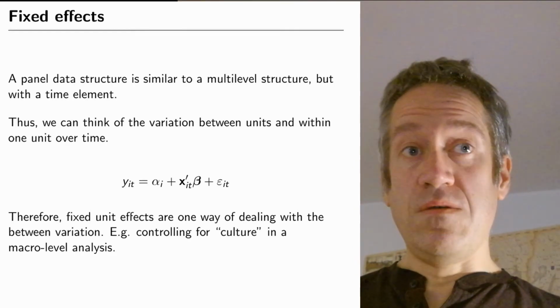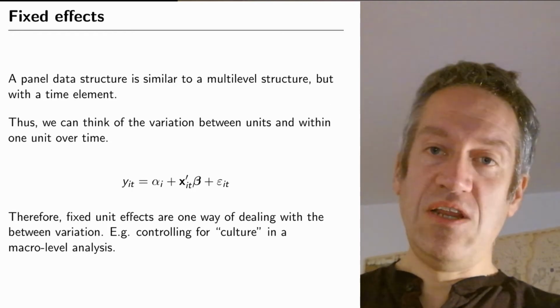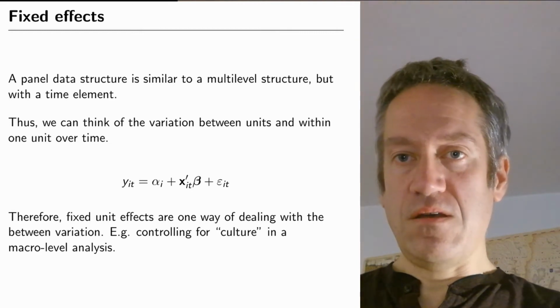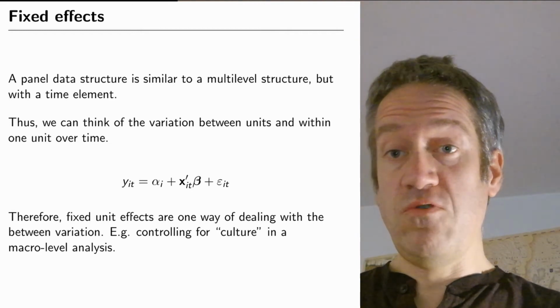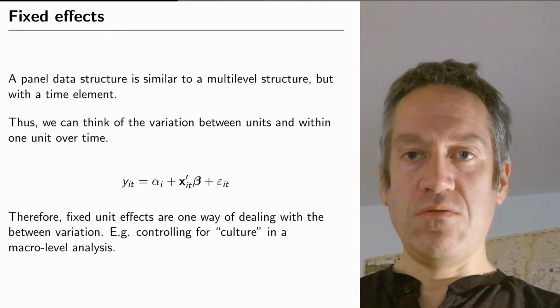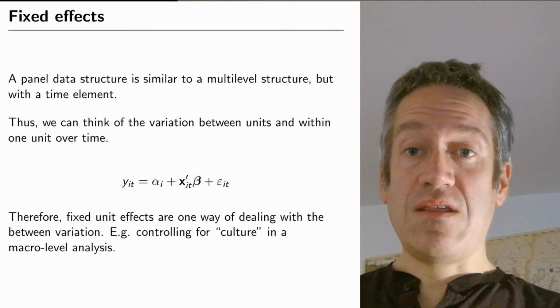In terms of fixed effects, it's really very similar to a multi-level model. In multi-level model we were talking about groups of observations, and then some variables that are related to the group and some variables that are related to the individual. You can think of classes and then pupils. Here we think of these time series as a group.